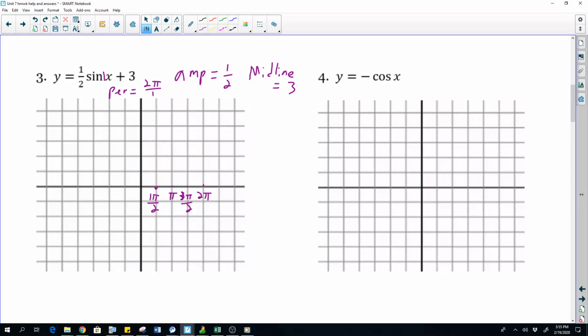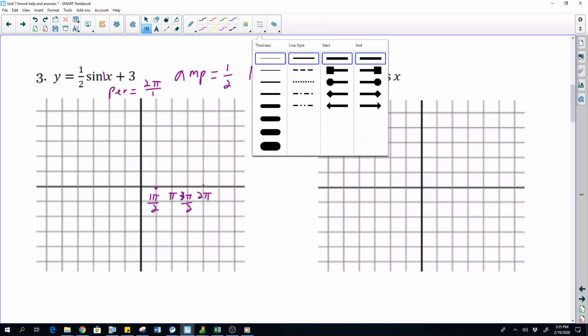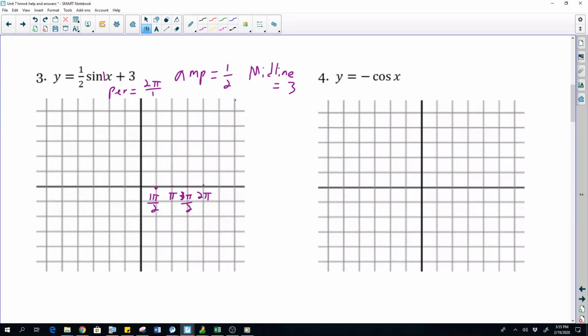So now we're going to shift up 3, midline plus 3, and our amplitude we're going to times by a half. What's going to happen now is we're going to take the 5 numbers of sine: 0, up to 1, back down to 0, -1, 0. First you want to apply the amplitude. That's important. So we times it by a half all the way through, so we get 0, a half, 0, -a half, 0.